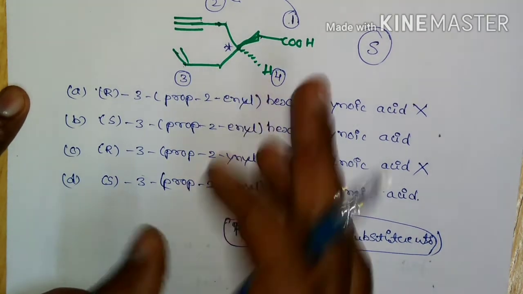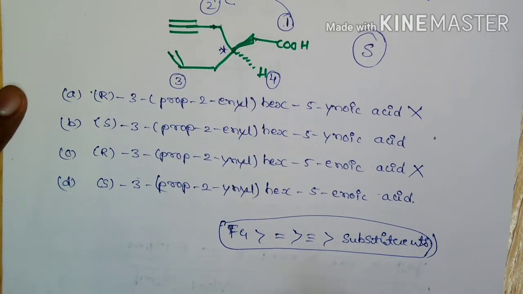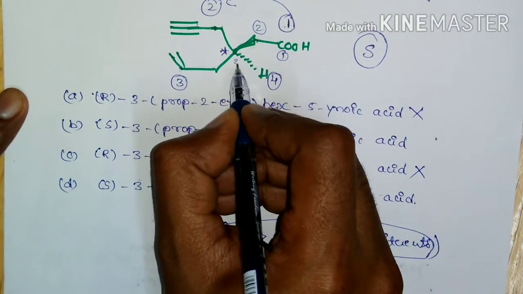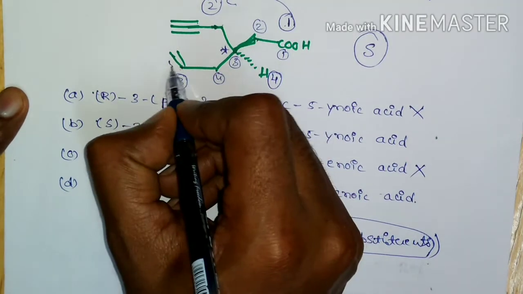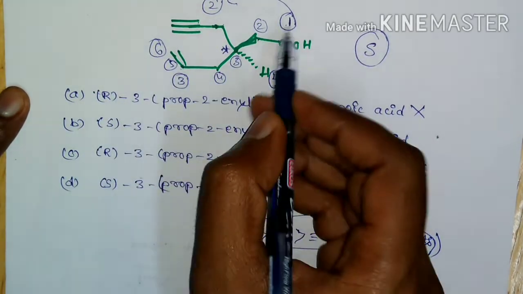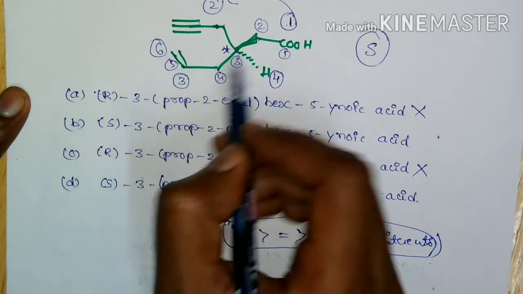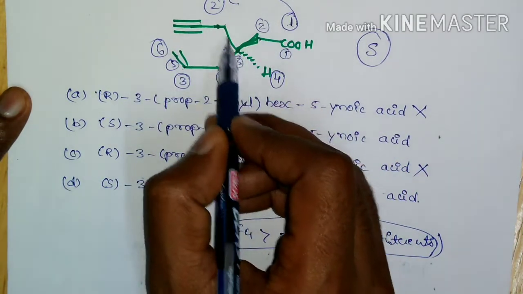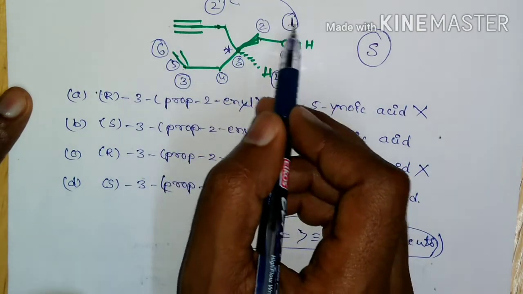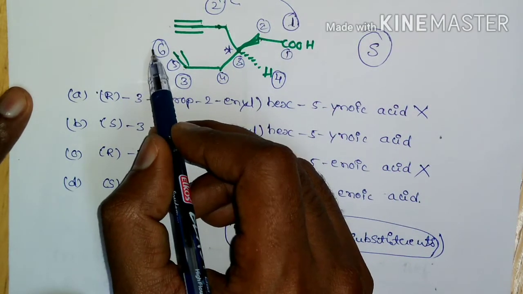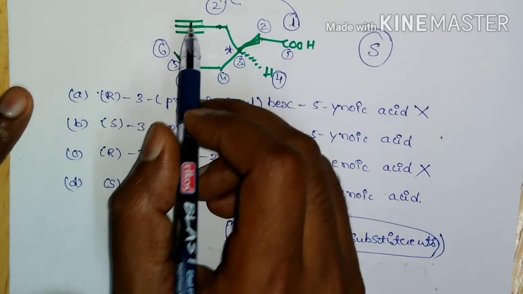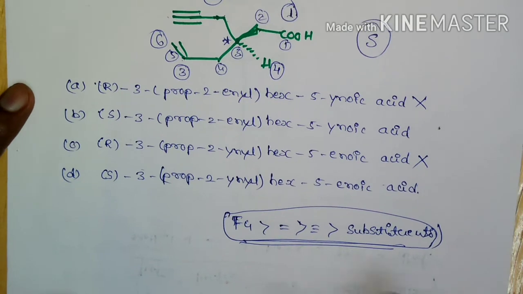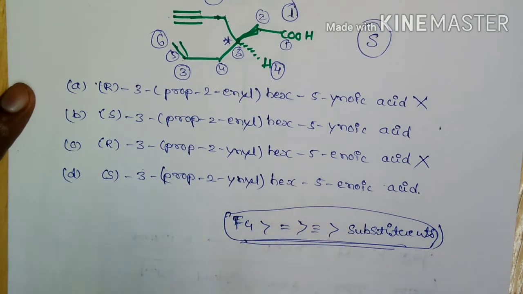The numbering will start from here, 1, 2, 3, 4, 5, 6. In this direction also we can move 1, 2, 3, 4, 5, 6. So for the longest chain, here also you are going to get 6 carbons, and in this case also 6 carbons, but we know that priority will be in this order: functional group, followed by double bond, followed by triple bond.